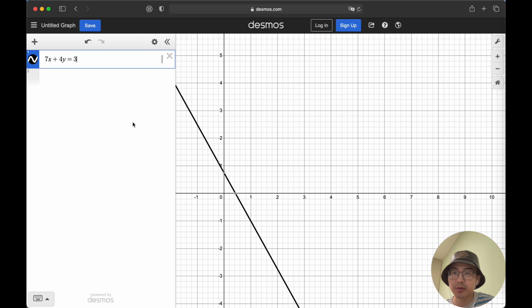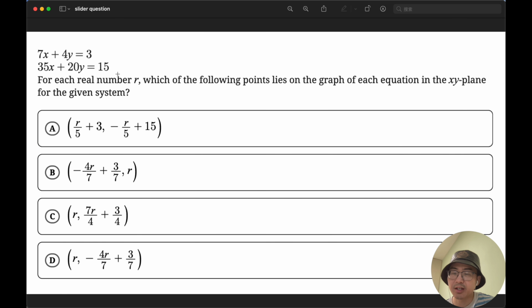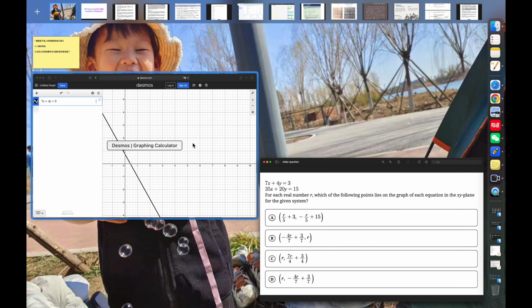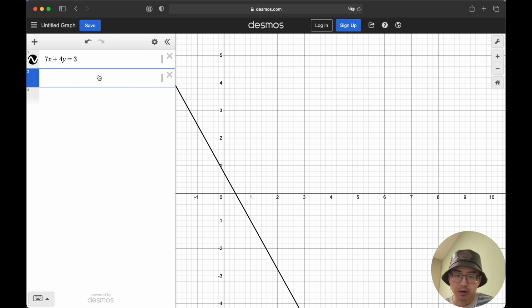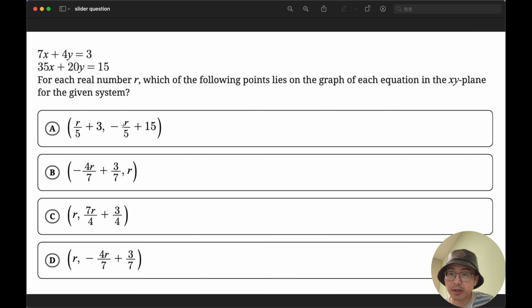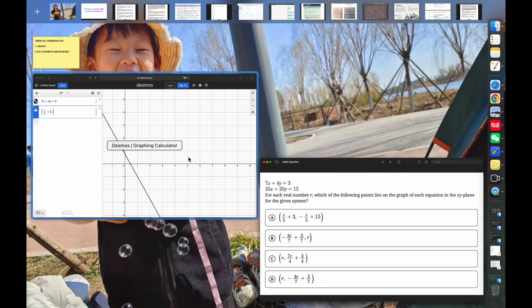What we need to do next is try out the 4 choices. So for example, let's input choice A with the variable r. So x is r over 5 plus 3, and y is negative r over 5 plus 15.